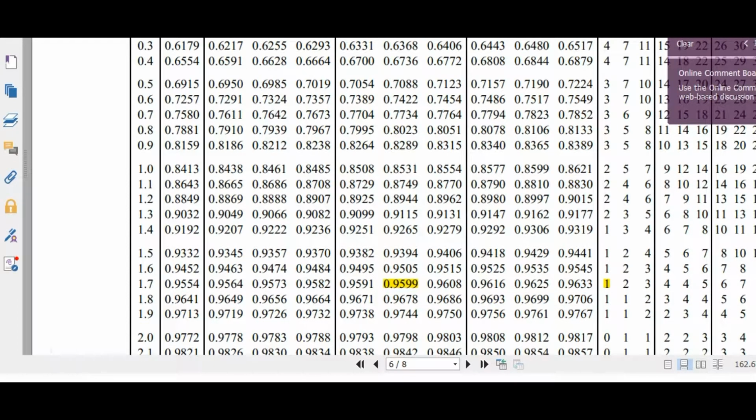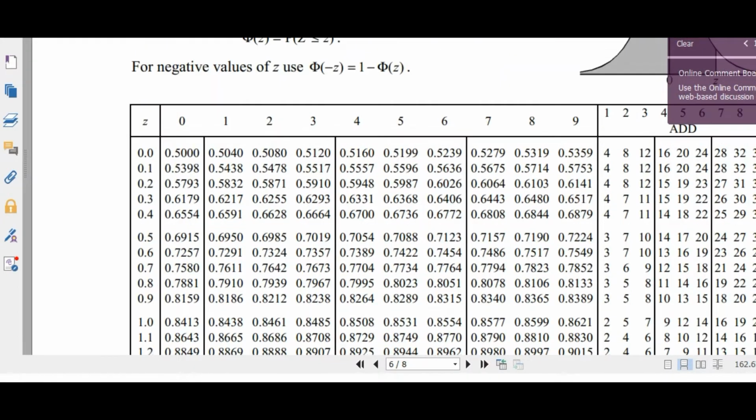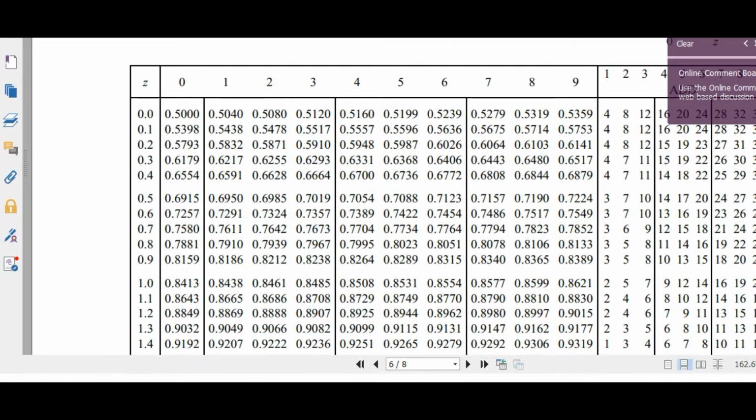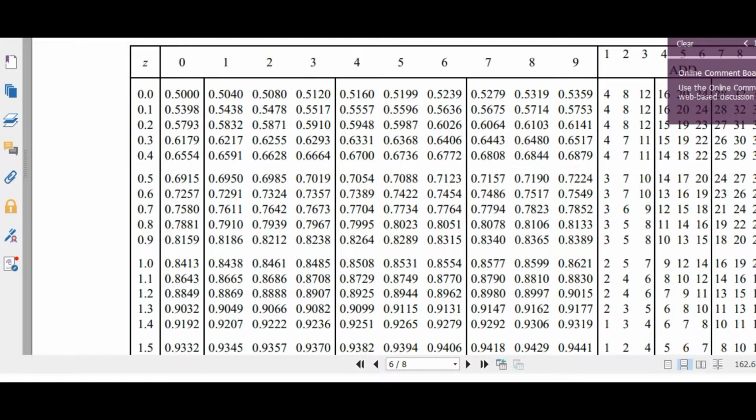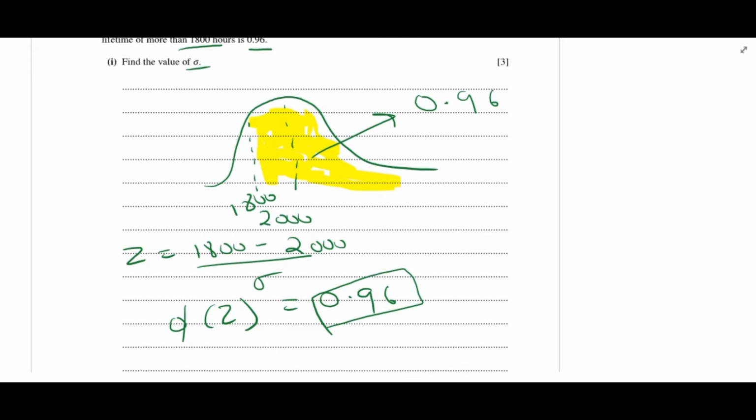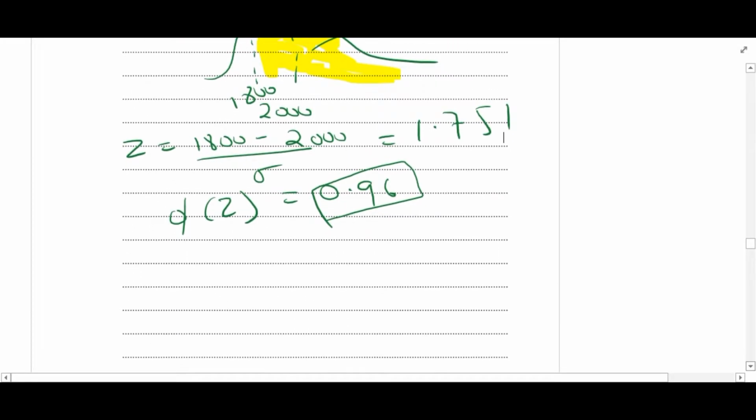So this is at 1.7 plus 0.051, that would become 1.751. So Z became 1.751.